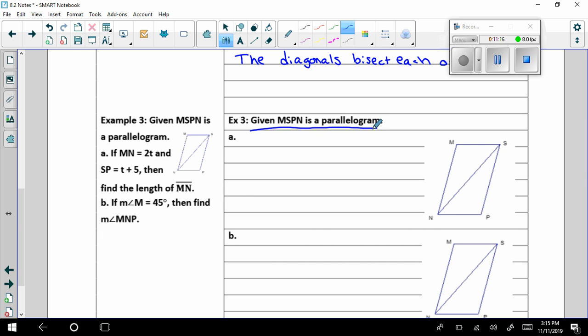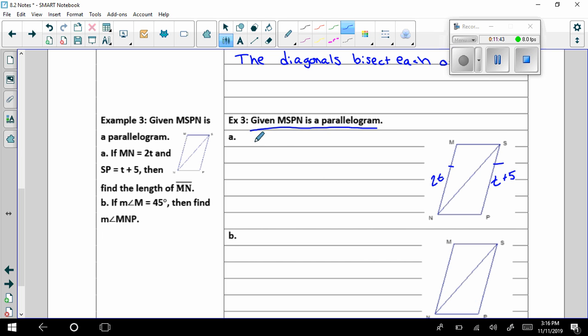So for this one, if MN is 2t, so this right here is 2t, and SP on this side is t plus 5, then find the length of MN. So because this is a parallelogram, based off of that property we just saw, these two opposite sides will be congruent, excuse me.